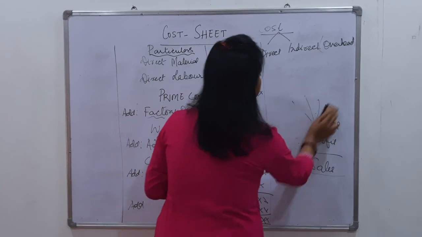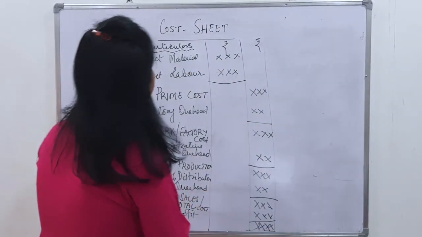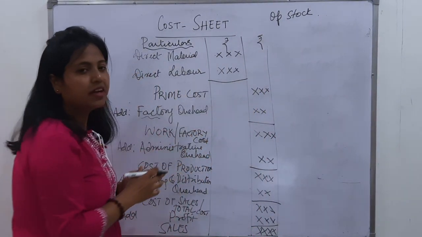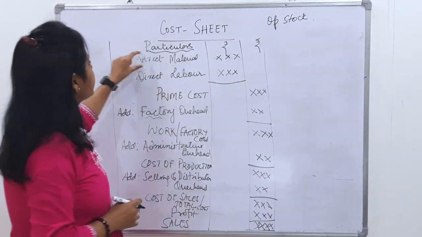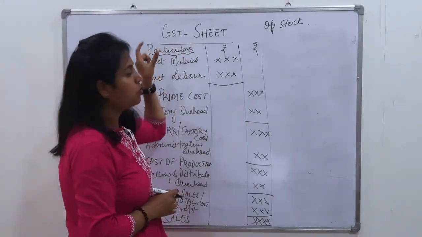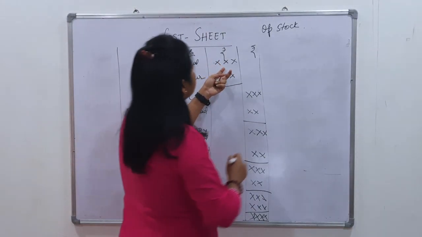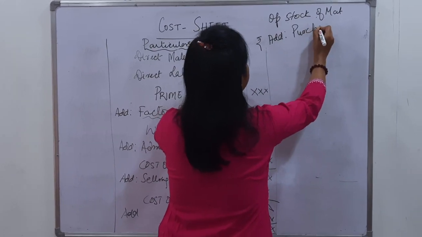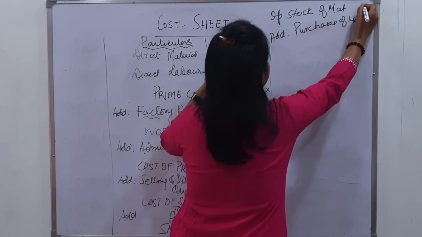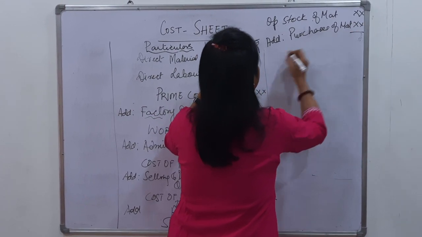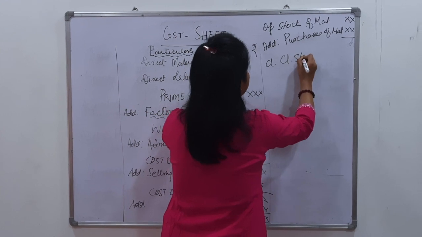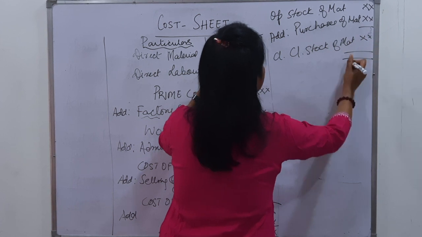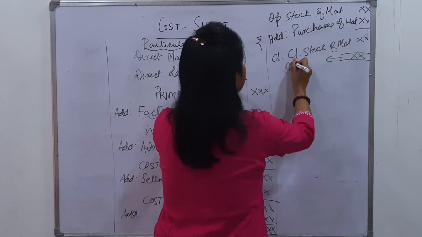For example, there may be some opening stock of material and closing stock of material. When I write direct material, I am writing direct material consumed, how much we have consumed here. So whenever you have opening stock of material, you add purchases of material, then you less closing stock of material, and what you get is known as material consumed.